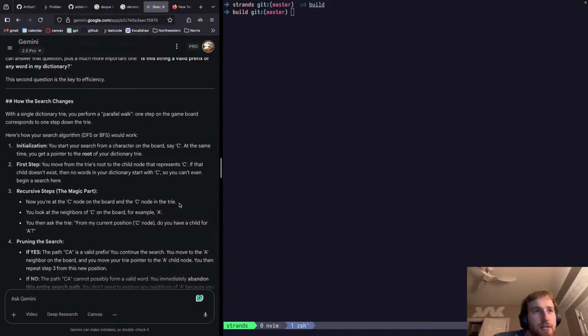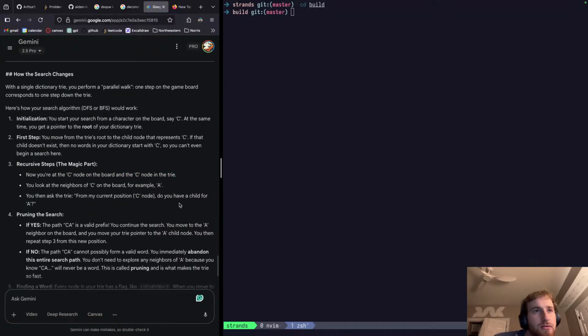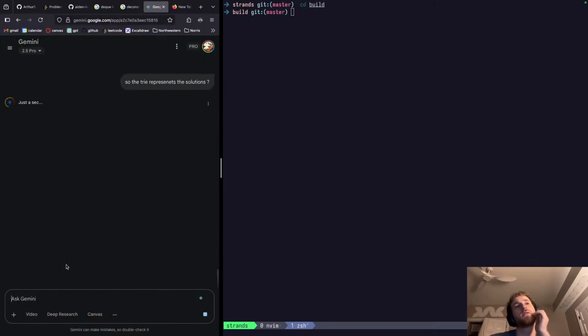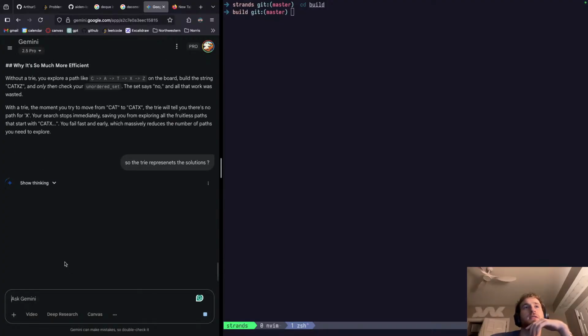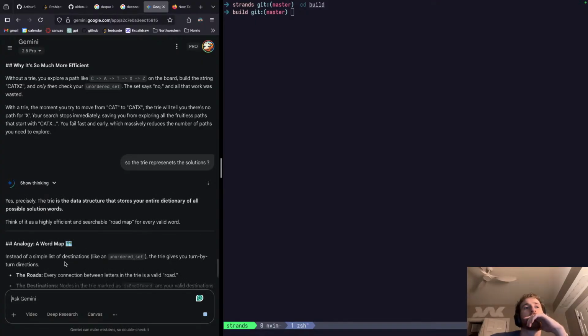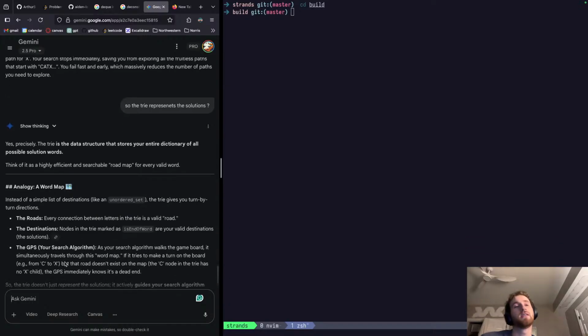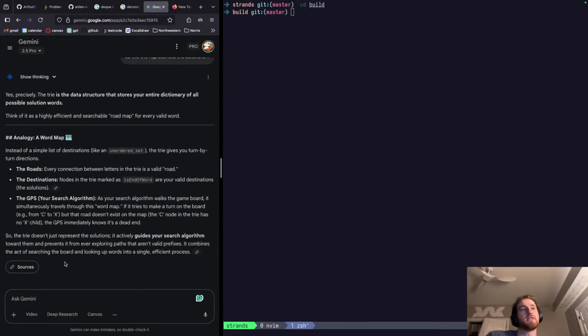So if you're both at C, so the... I didn't think about the try representing the solutions, if I'm interpreting this right. Ah, okay. I just had this all wrong. Yeah, that makes a lot more sense, actually.